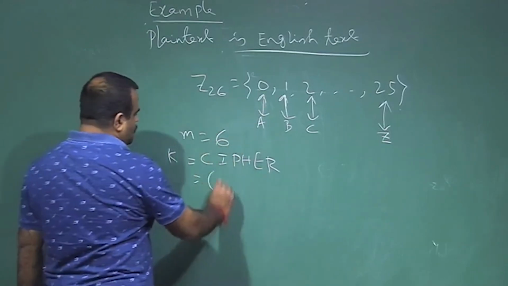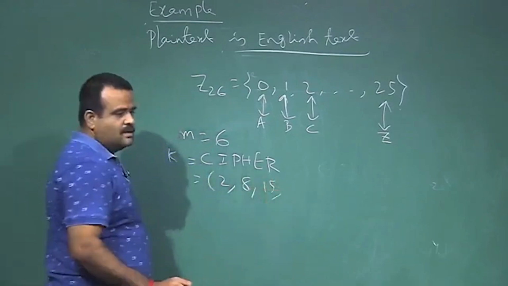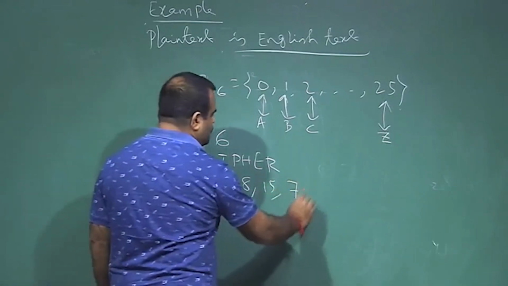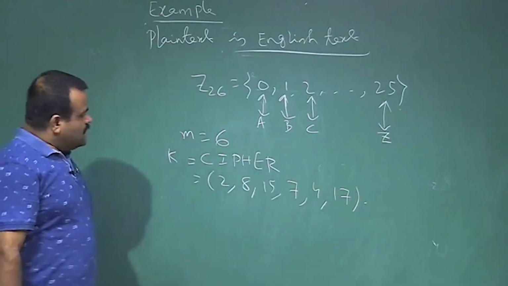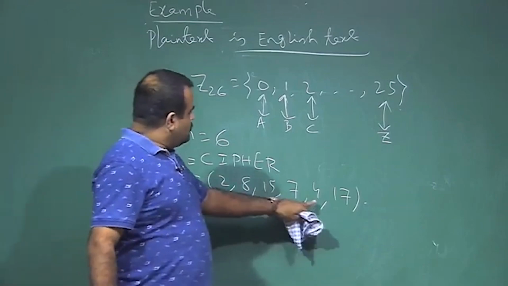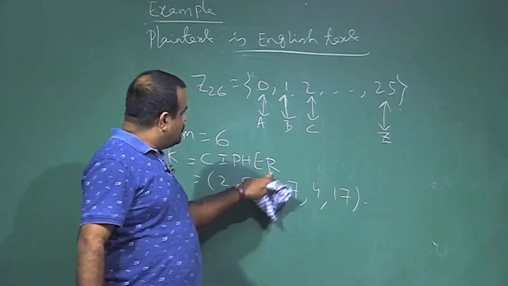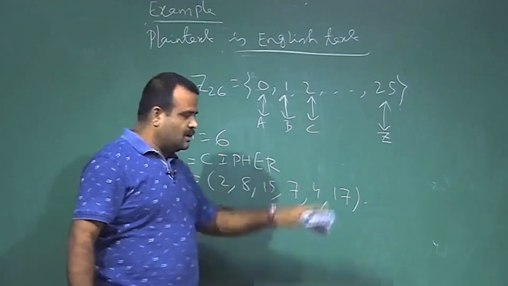So, it will be 2, 8, 15, 7, 4, 17. So, this is our key K: 2, 8, 15, 7, 4, 17. 17 under this correspondence is basically R.